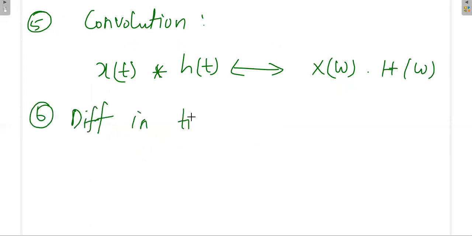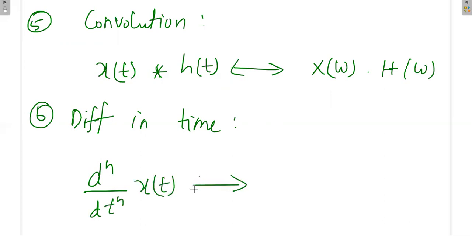Differentiation in time: nth order differentiation in time domain, Fourier transform pair (j omega) whole power n X of omega.